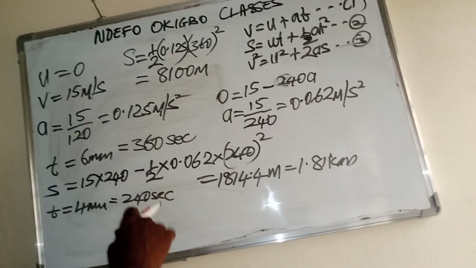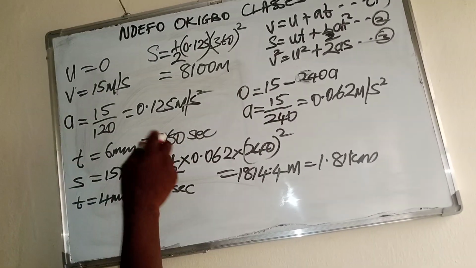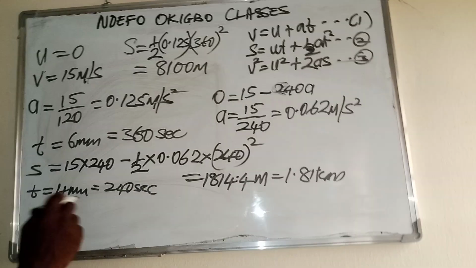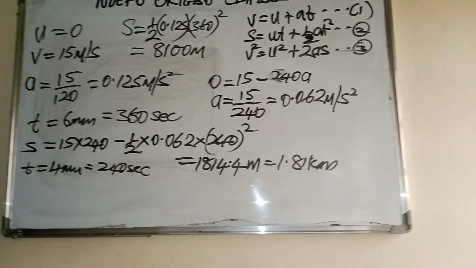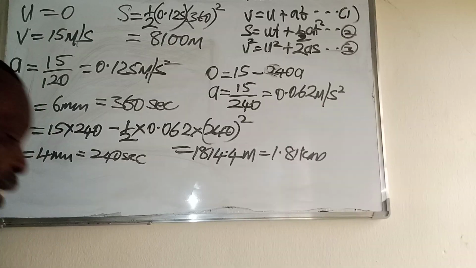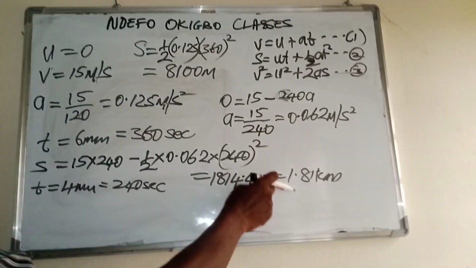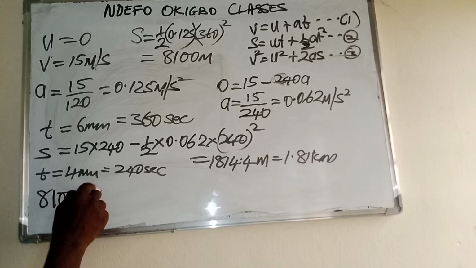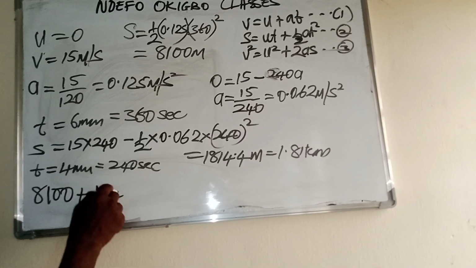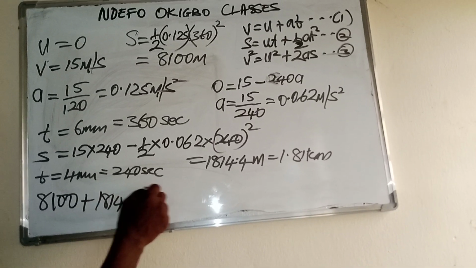So the total distance traveled by the vehicle, both when it was accelerating in 6 minutes and when it was decelerating in 4 minutes, is 8100 plus 1814.4 meters.